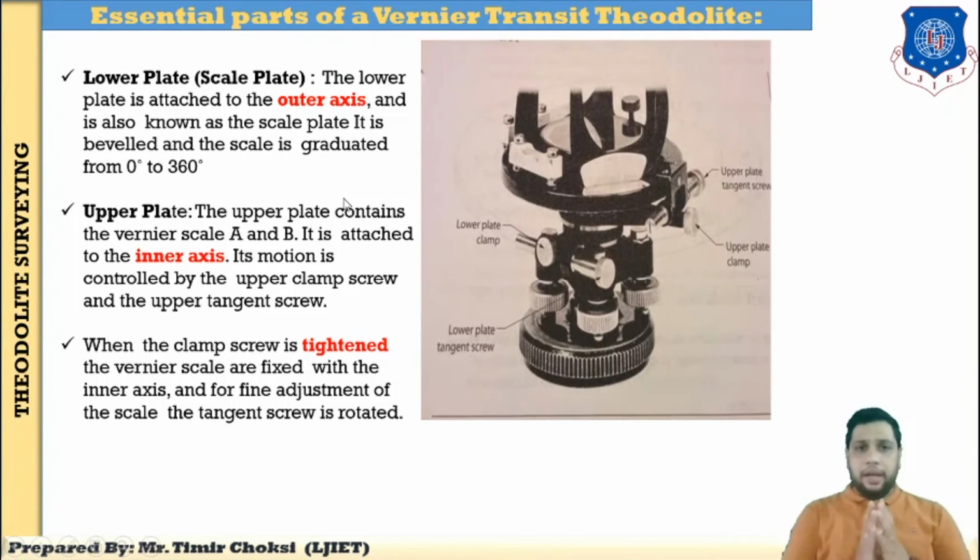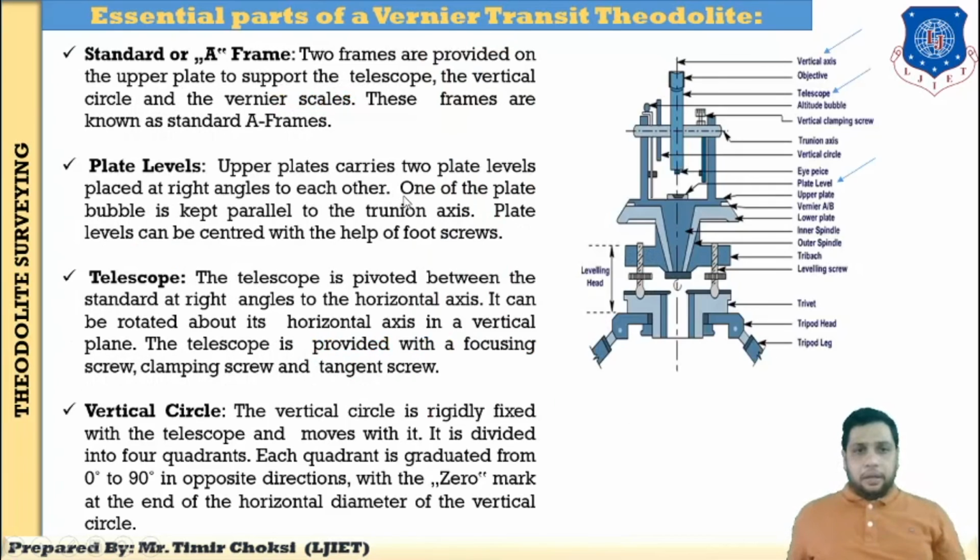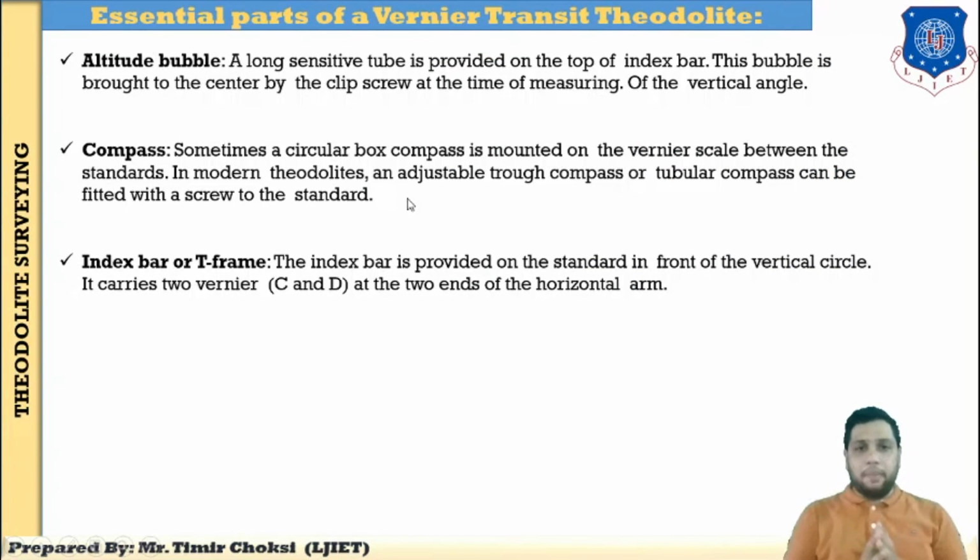The last three: altitude bubble. A long sensitivity tube is provided on the top of the index bar. This bubble is brought to center by the clip screw at the time of measurement of the vertical angle.